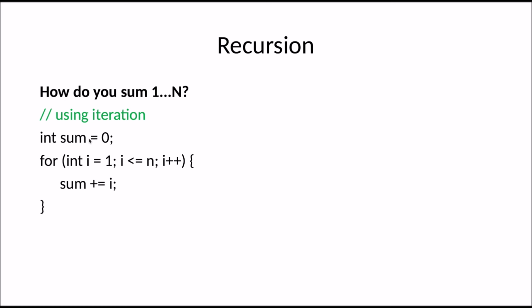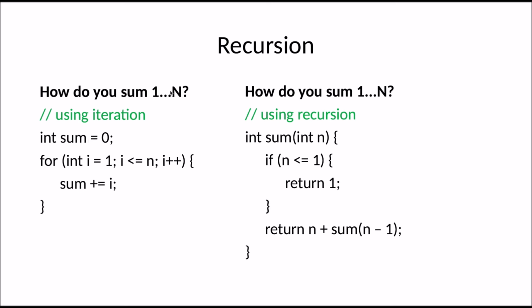Now, how can we solve this with recursion? We use a method. I name this sum. I pass an n. And the result of the method would be the sum of all the values all the way up to n. Then I have a condition. If n is less than or equal to 1, I return 1. Otherwise, I return n plus the sum of n minus 1. And note that sum here is the recursive function call.